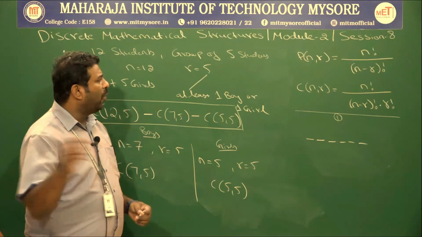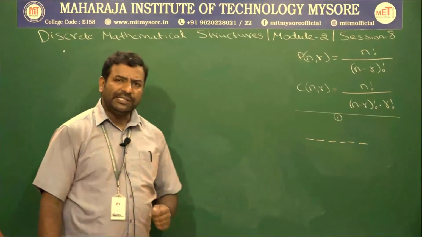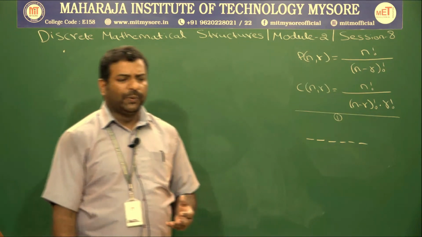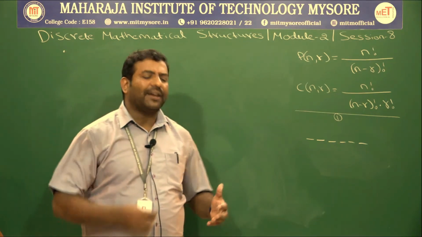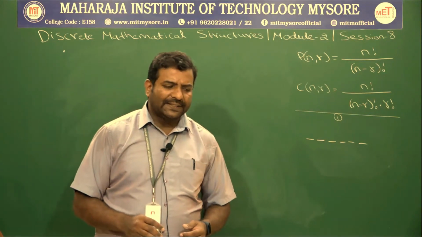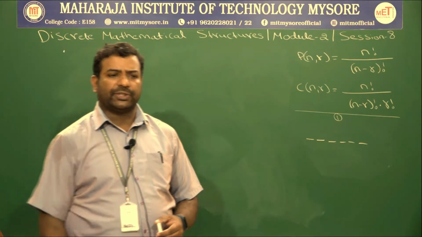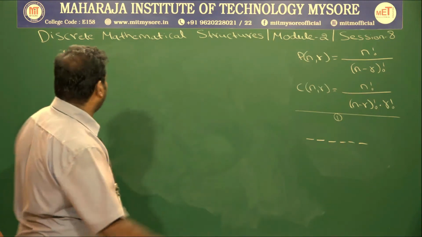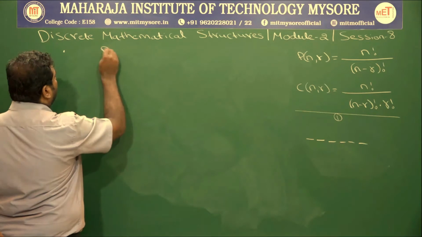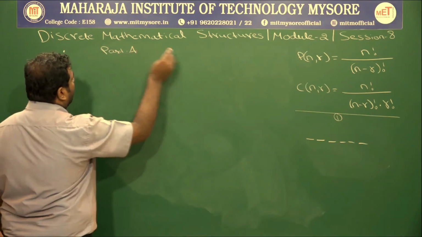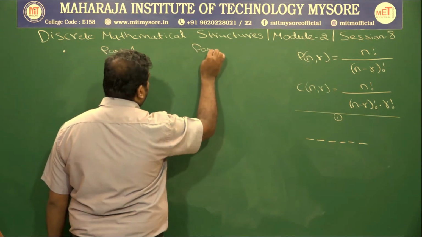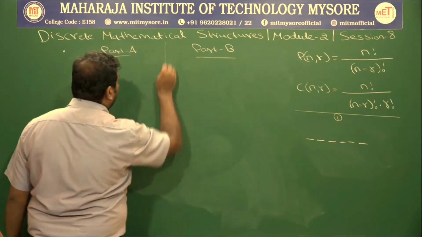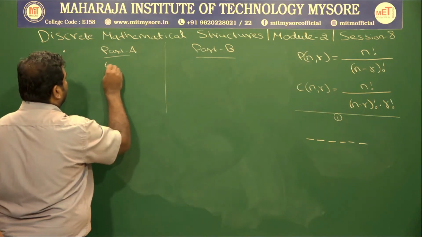Fine. So we will just pick one more example now. Just look at this example, where you imagine you are attending an exam, and the question paper pattern is something like this. In the question paper pattern, you have got part A and part B. In each part, I am going to have 4 questions.